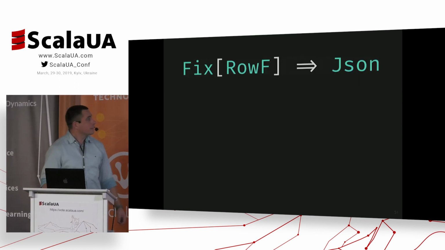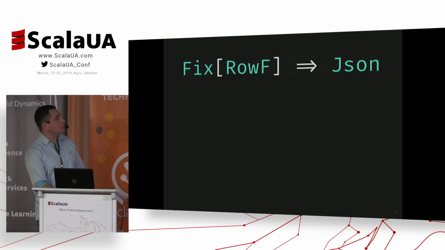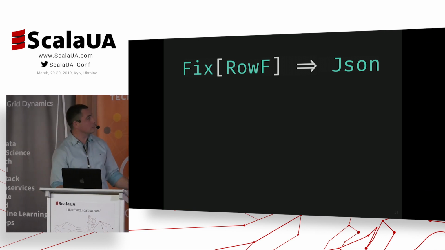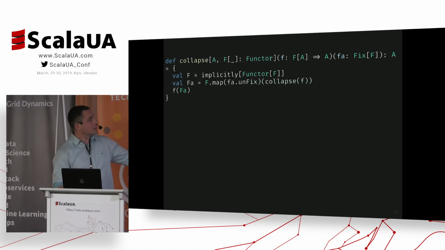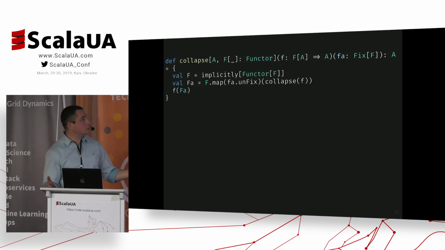Yeah? Okay. So let's imagine we want to return the JSON from this fixed point, from this structure as it is. The approach is the same. We have a collapse function which needs a functor representing our recursion, and we already have it. We don't need to do anything.